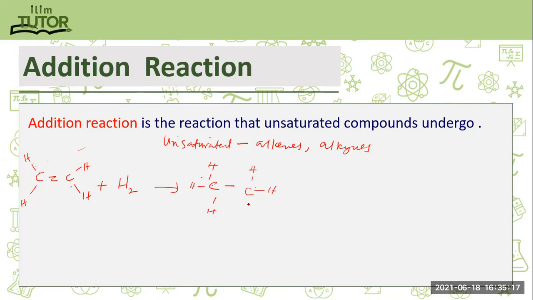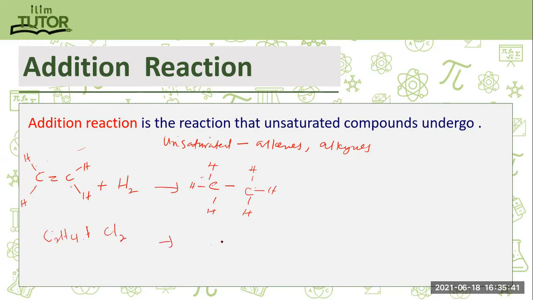One notable thing about addition reaction is the fact that only one substance will be formed. There is no other thing that will be formed. Only one will be formed. So this is addition reaction. It could also be C2H4 plus chlorine. I will still get the same thing.